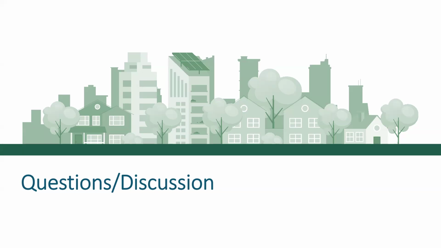The next question I see in the chat is from Natasha Towles. And it says, sorry if I missed this, but when does the comment period expire and how do we find that? So there are two comment periods that you could be referring to here. So under Part 58, where the local government is the responsible entity, if the project and its environmental review rises to a certain level of review, right?